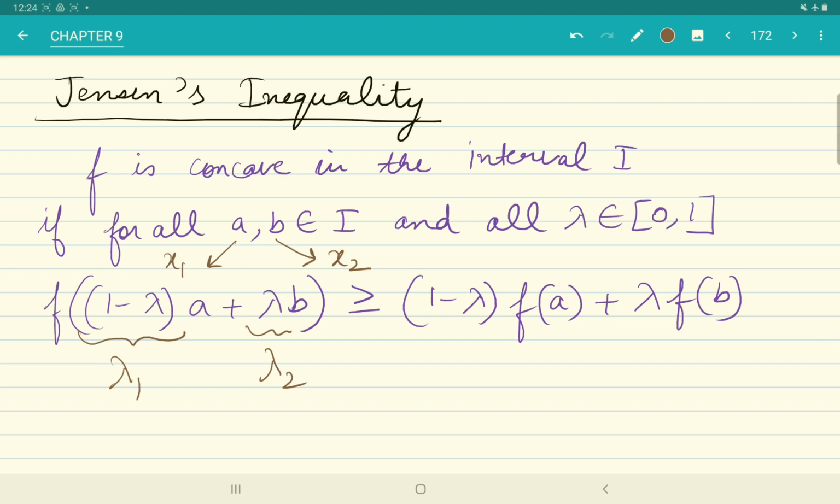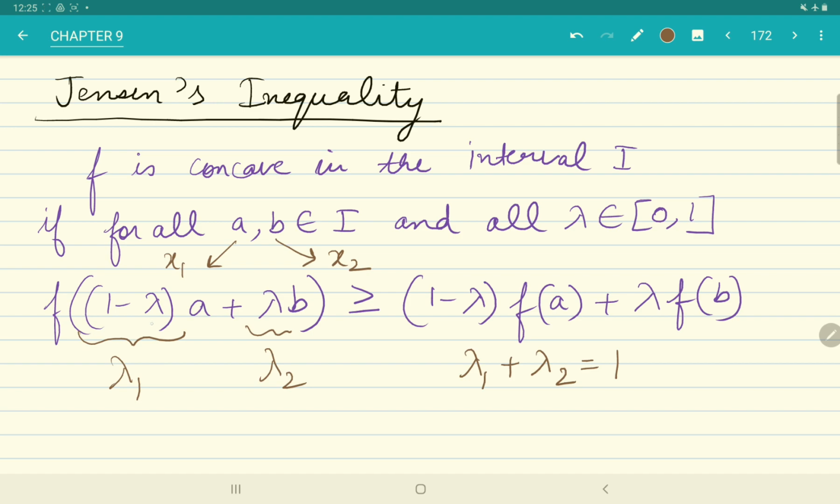That just means I can write in this case that lambda 1 plus lambda 2 equal to 1. Also, lambda is greater than or equal to 0. That means lambda 2 is greater than or equal to 0. 1 minus lambda is also greater than or equal to 0.